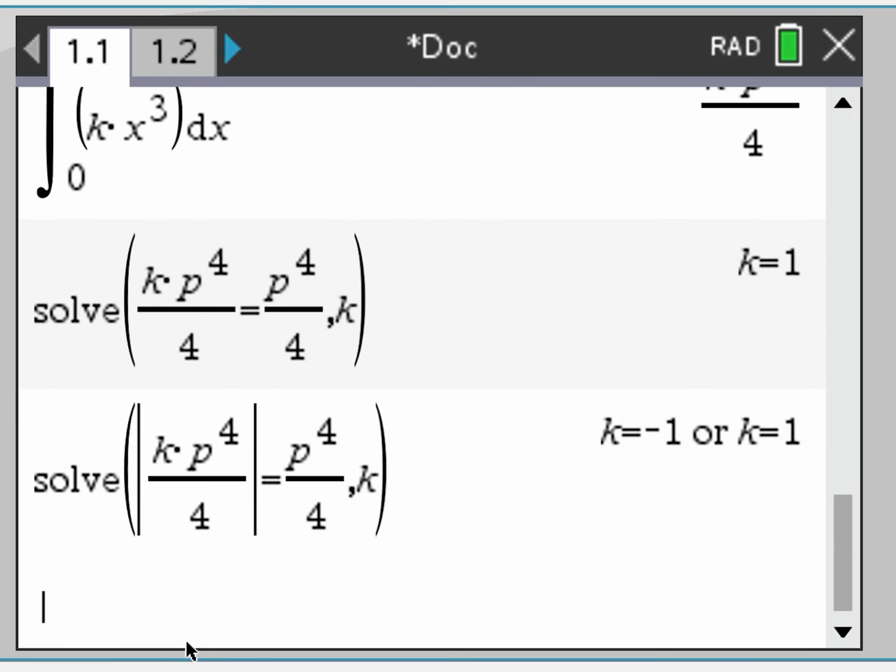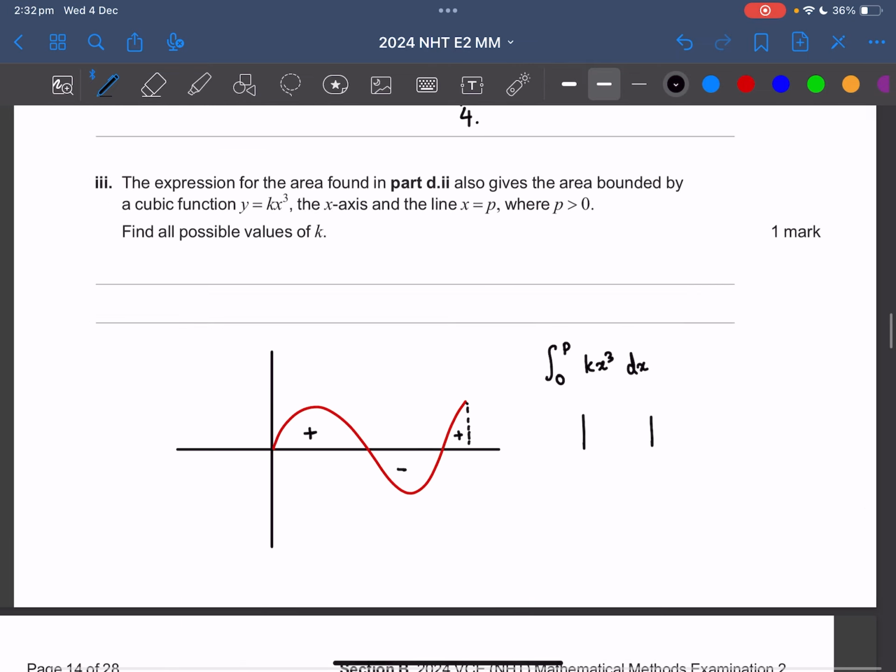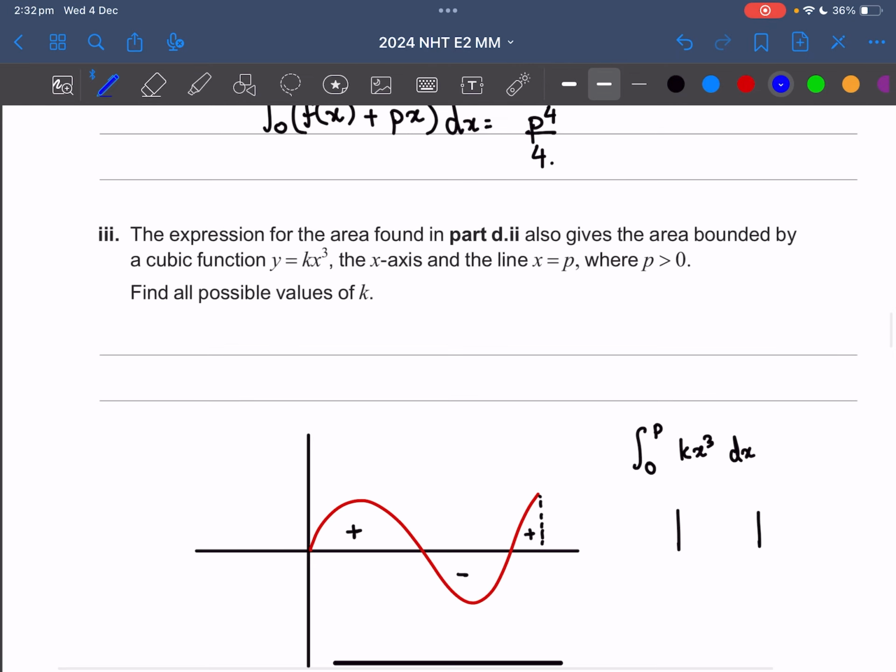Okay. And these are the values that we need for k. So k equals -1 or k equals 1, both will give us an area of p to the power of 4 on 4. Okay, so that's the understanding of this. So let us write that down real quick. So k equals -1 and k equals 1. Okay, hopefully this made sense to you guys.